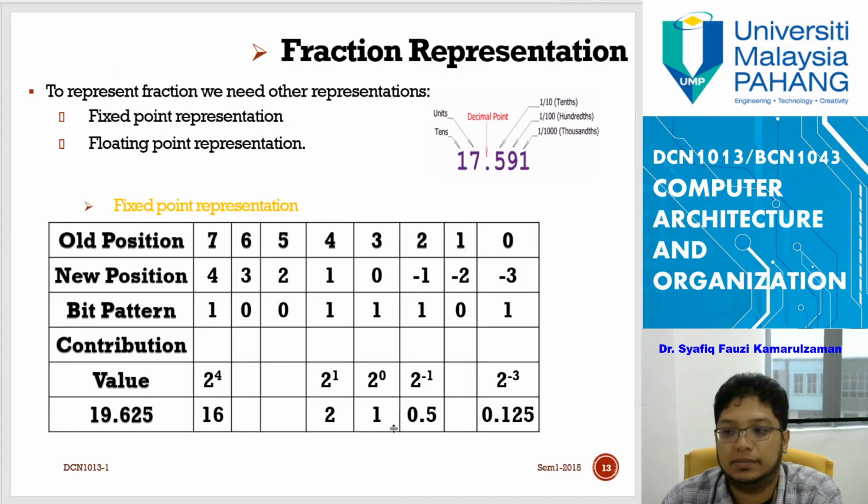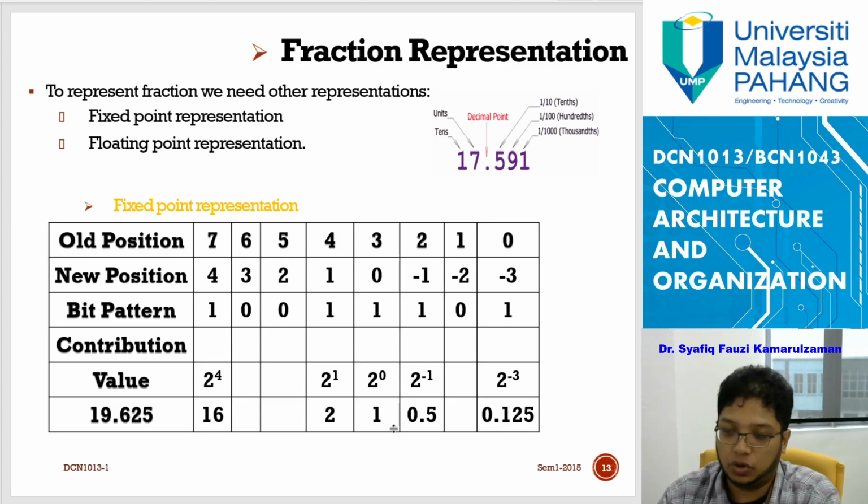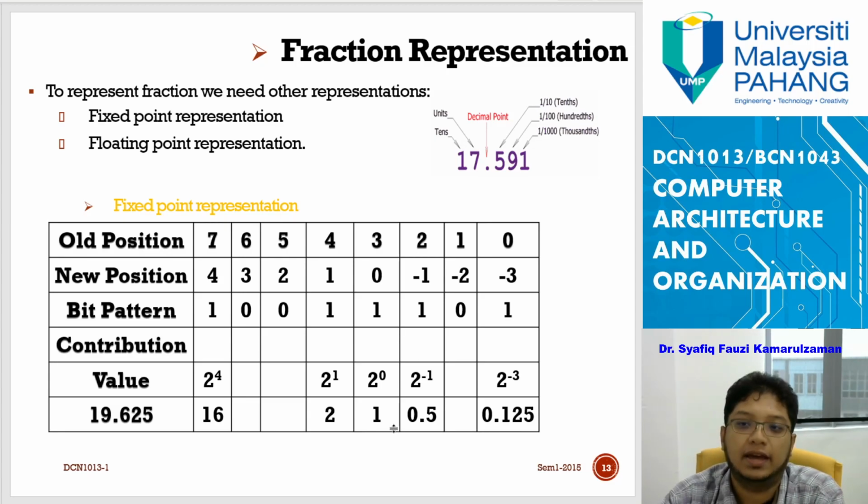In terms of fraction representation, previously I showed you how we convert using fixed point representation, which means that we start with 2 power of 0. For floating point representation, we don't start with 2 power of 0. We start with which decimal point it started with.